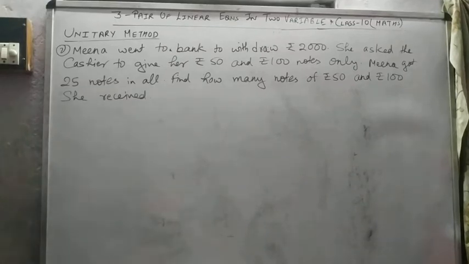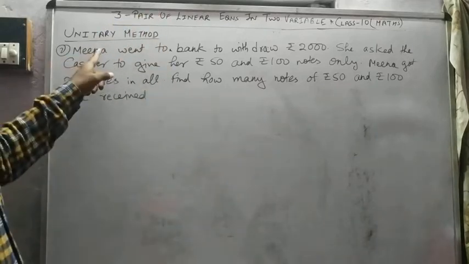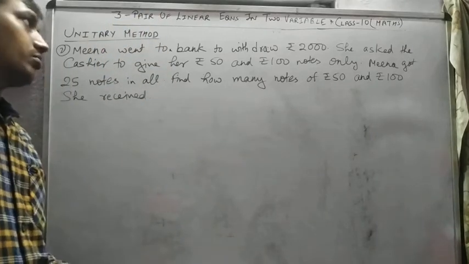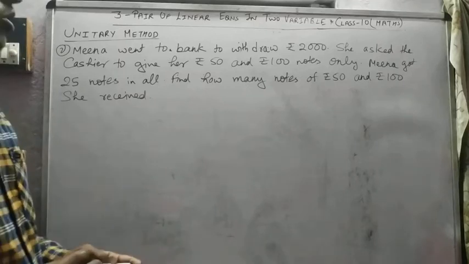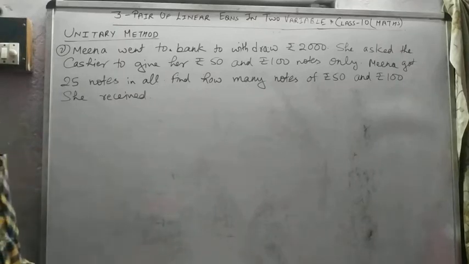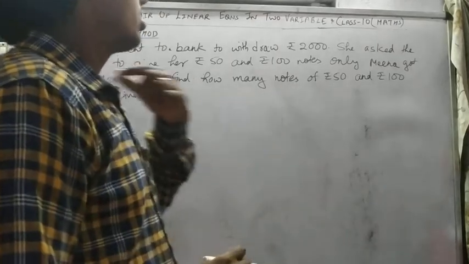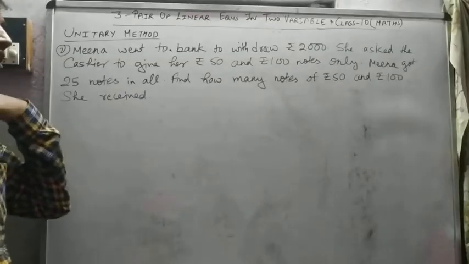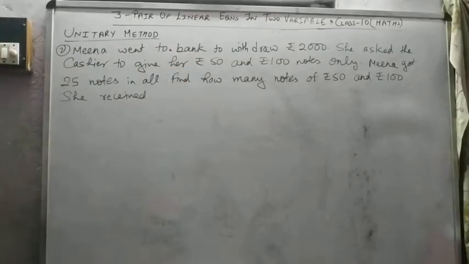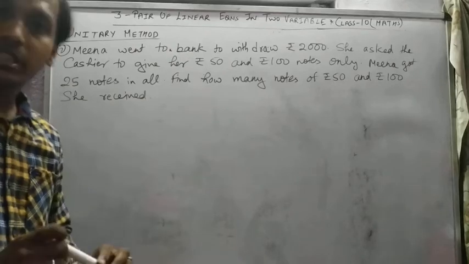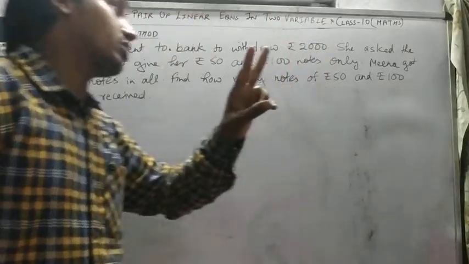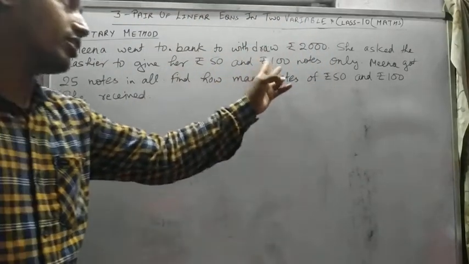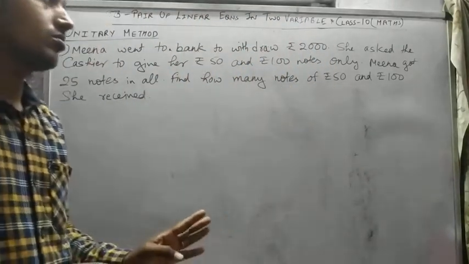One more question based on the unitary method. Meena went to a bank to withdraw 2000 rupees. She asked the cashier to give her 50 rupee and 100 rupee notes only. Means she wants only 2000 rupees but in two denominations, 50 rupee notes and 100 rupee notes, not other notes.